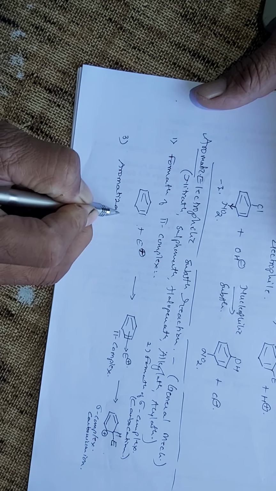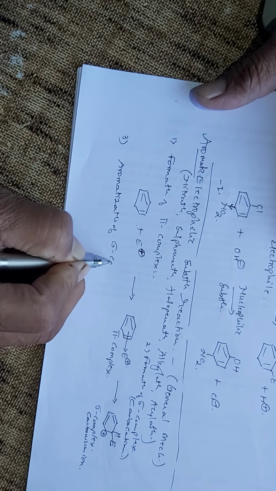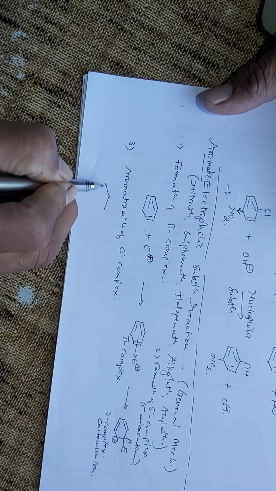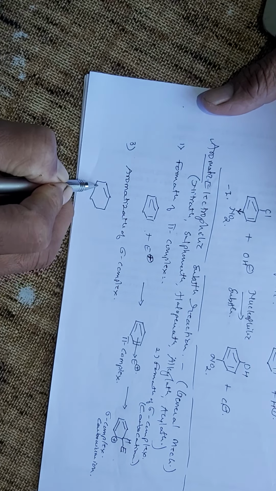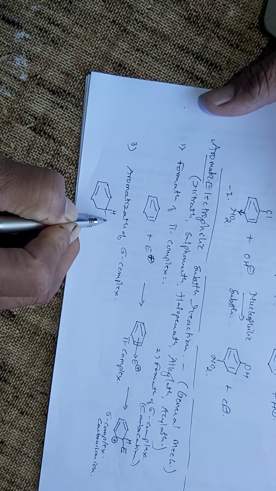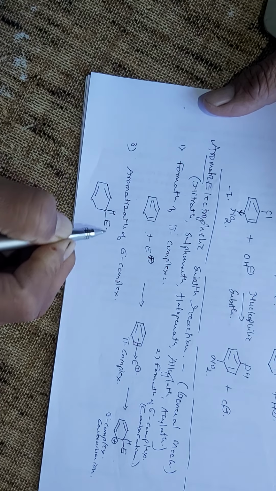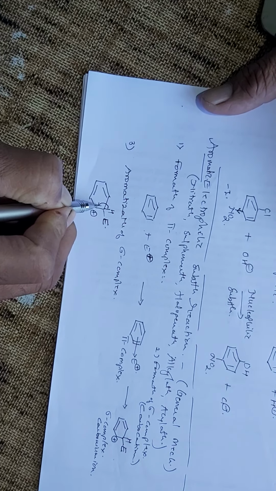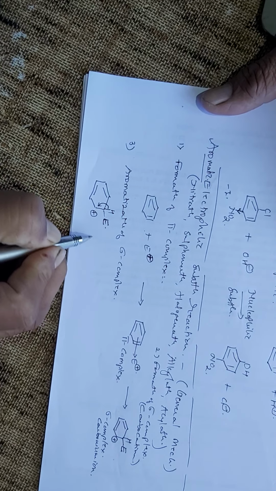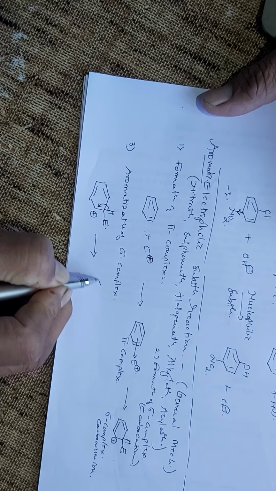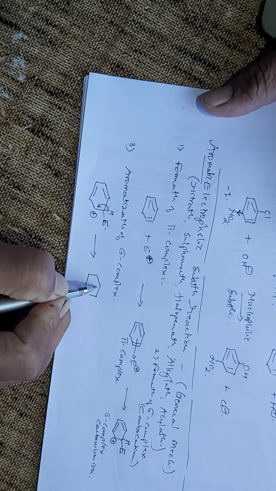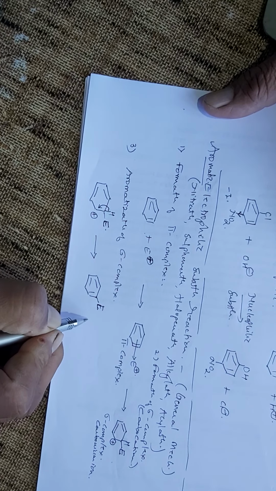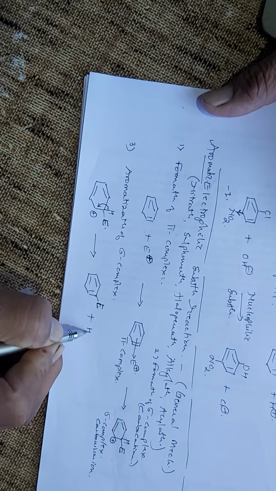This carbocation, the electron deficient system obtained by forming the electrophile-carbon sigma bond, takes the electron pair from the proton, and you get the formation of the product, the benzene with the electrophile substituted, and H plus is set free.